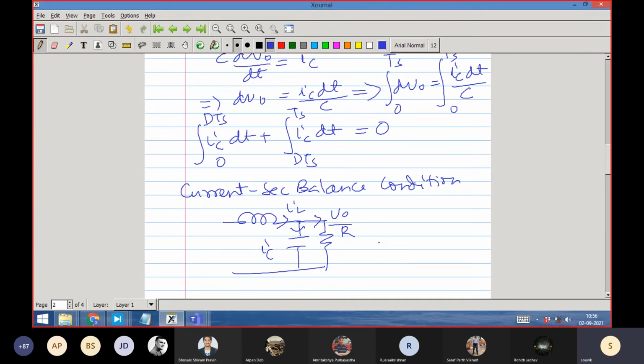But within the steady state, the inductor current is changing. So steady state doesn't mean flat. This is what the inductor current is doing, and this is what the capacitor voltage is doing. You have to understand it a little clearly. What is the meaning of steady state? It is not the steady state of networks, where steady state means no change, no fluctuation.